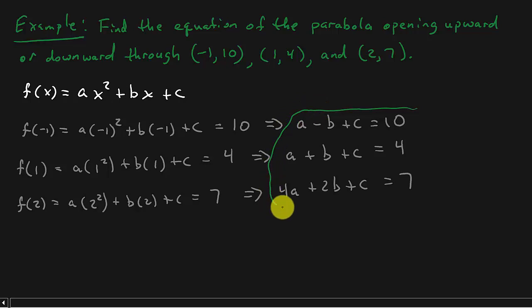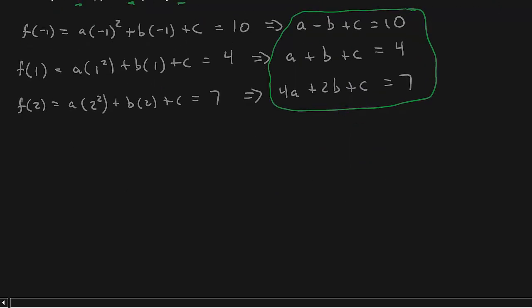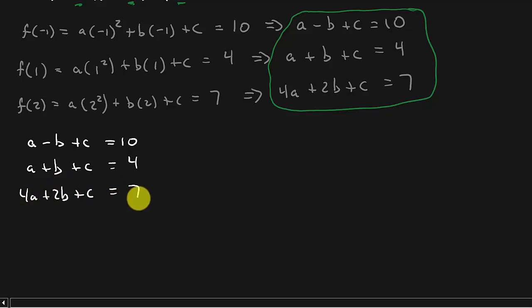Look what I have here. I've got 3 equations, 3 unknowns. I can solve for a, b, and c, and that'll give me my function. So let's go ahead and do that. Let me just rewrite this down. a plus b plus c equals 4, and 4a plus 2b plus c equals 7.